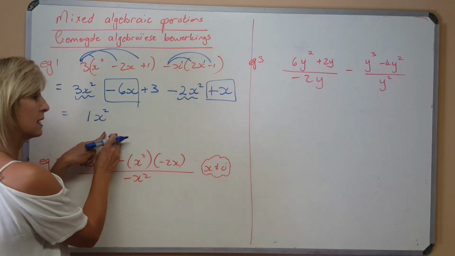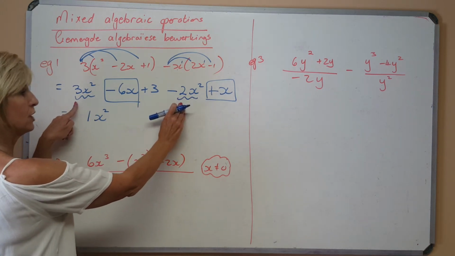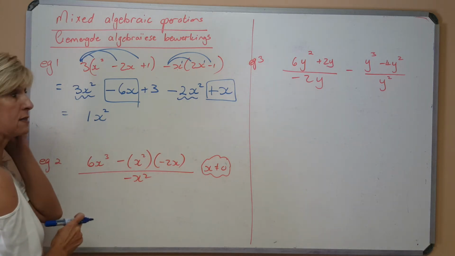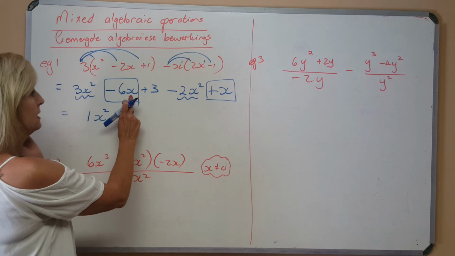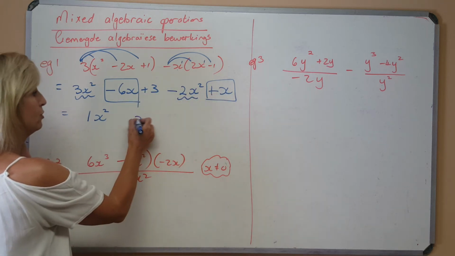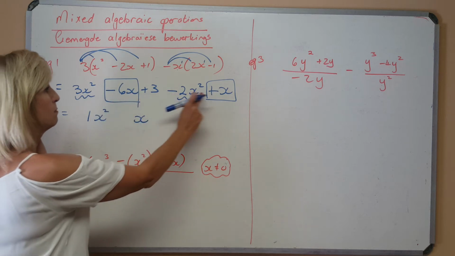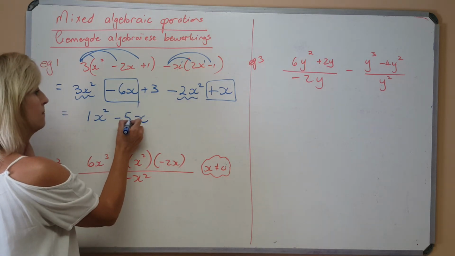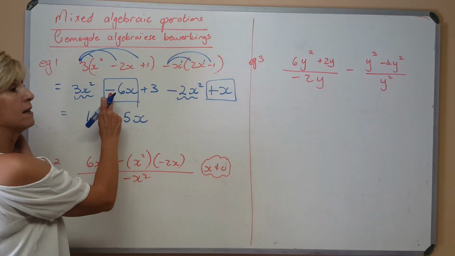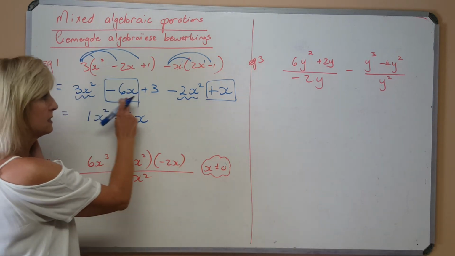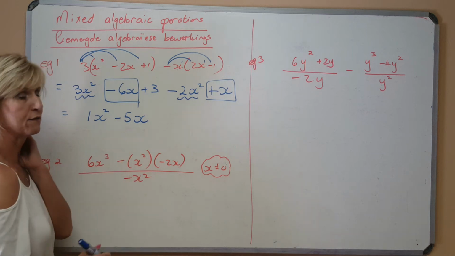Jy hou die veranderlike en jy tel net die koëffisiënte, 3 minus 2 wat 1 is, bymekaar. Jy hoef mos nie daar 1 te skryf nie. En dan weer eens, gelyksoortige terme, hou die x net so, doen niks aan sy eksponente nie. En minus 6 plus 1 gee vir my minus 5. You're not adding the exponents. X stays x, but it's minus 6 and plus one of them gives me minus 5x.